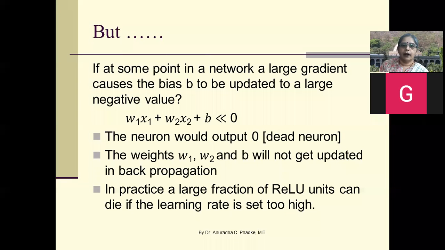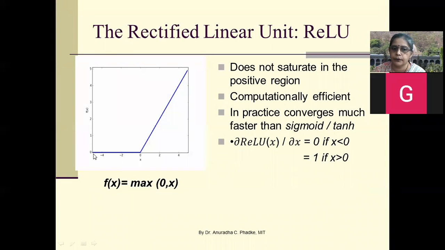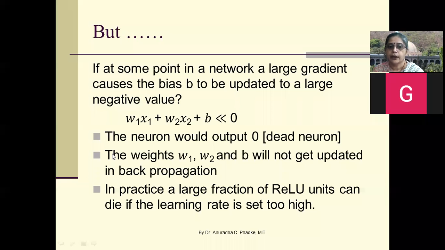So if at some point in a network, a large gradient causes the bias B to be updated to a large negative value, in that case we can come across a dead neuron, because when the output is large negative, your ReLU function gives you output 0, and the weights W1, W2, and B will not get updated in backpropagation.